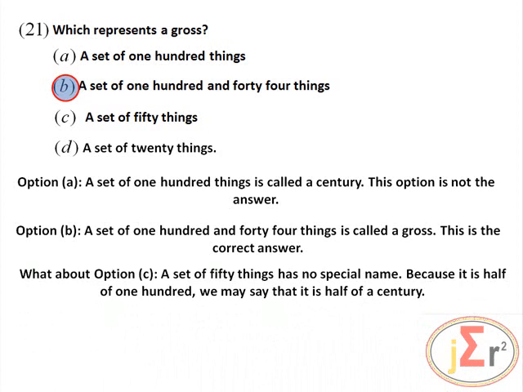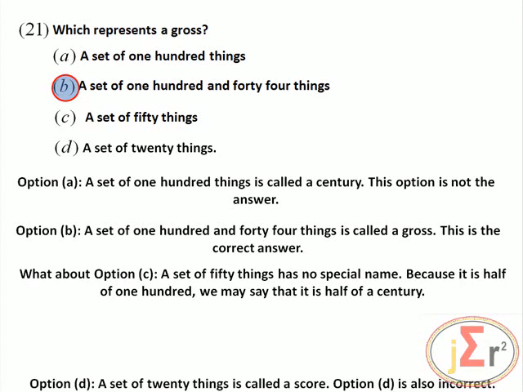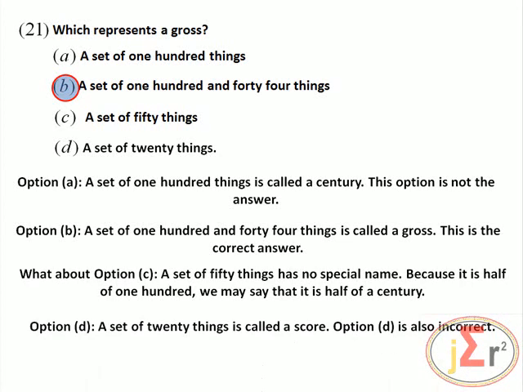A set of 50 things has no special name. Because it is half of 100, we may say that it is half of a century. So option D, a set of 20 things is called a score. So option D is also incorrect. So a set of 144 things is said to be a gross.